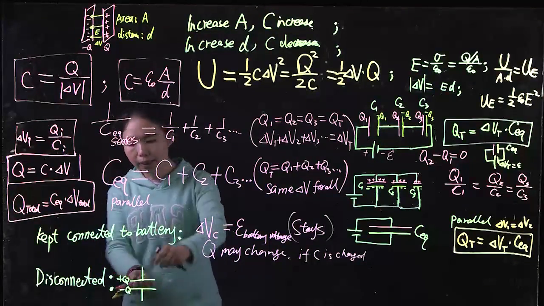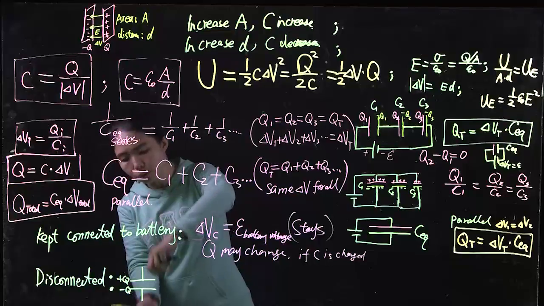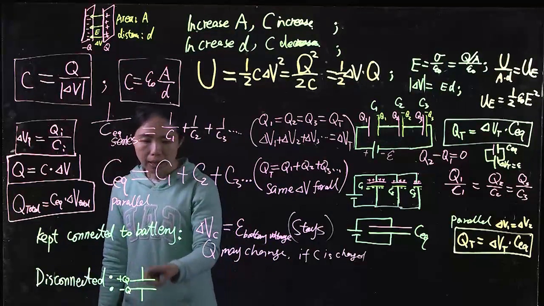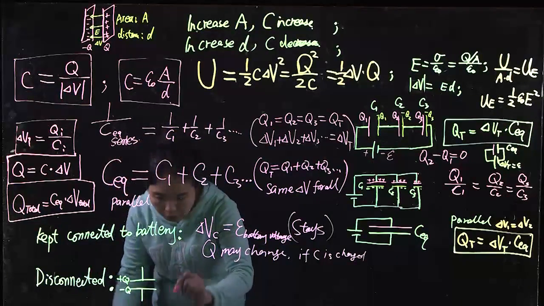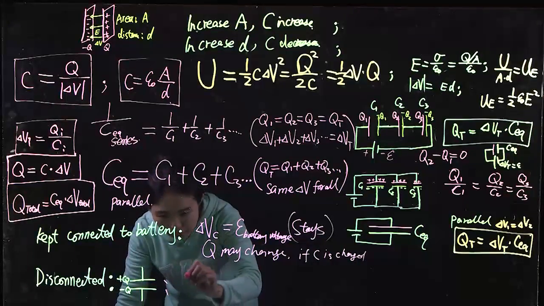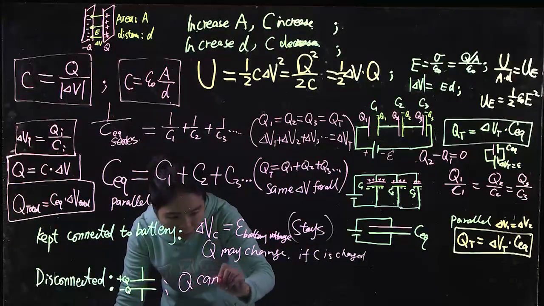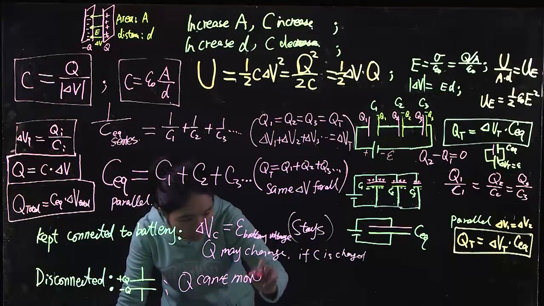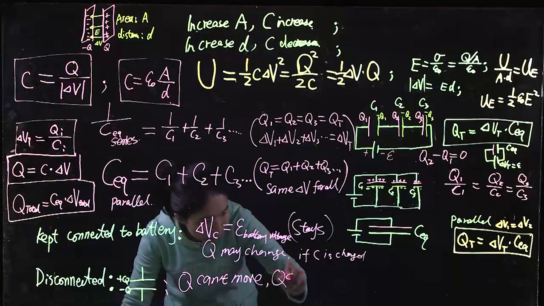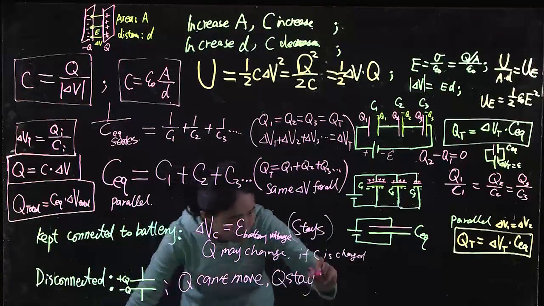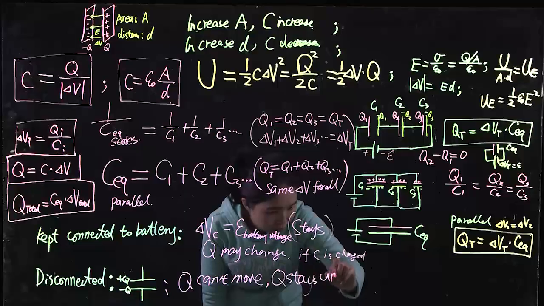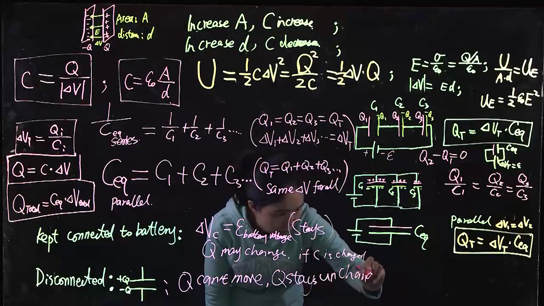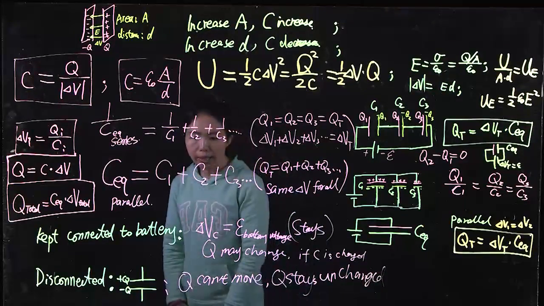It's not connected to other objects. Then you can still make them further apart or do something to change the C. However, in this situation, the golden rule says that the Q can't move. The Q is going to stay unchanged. Okay?